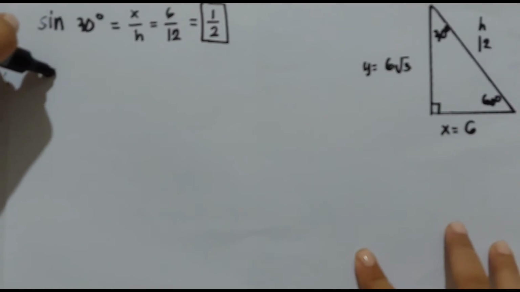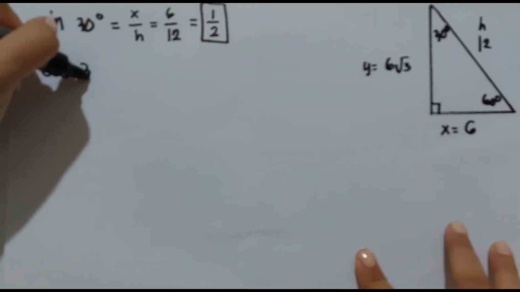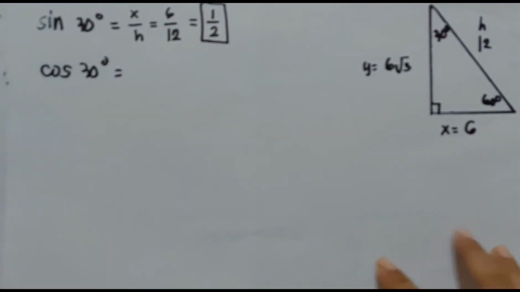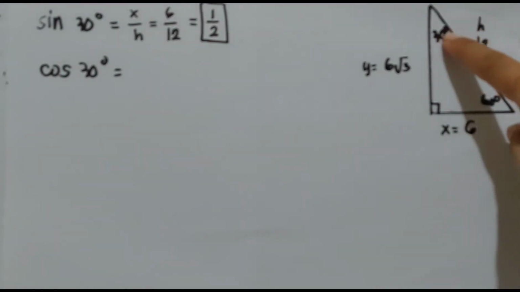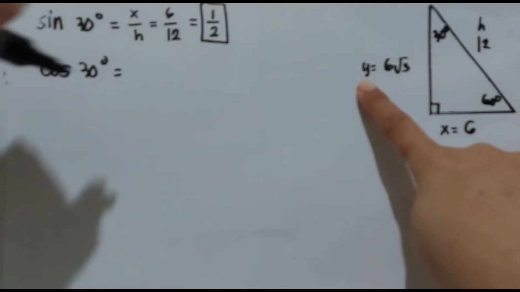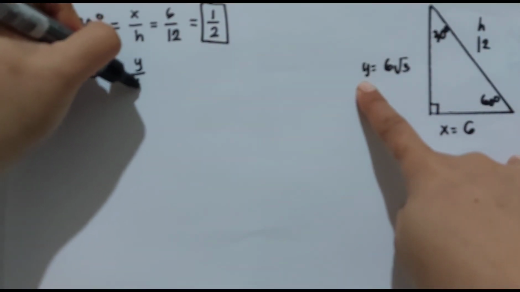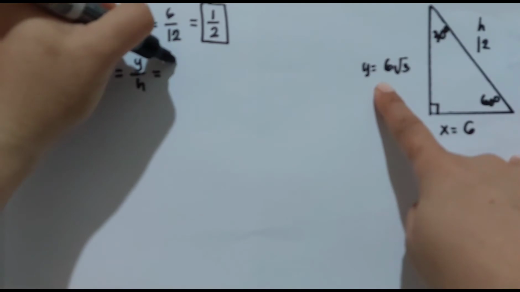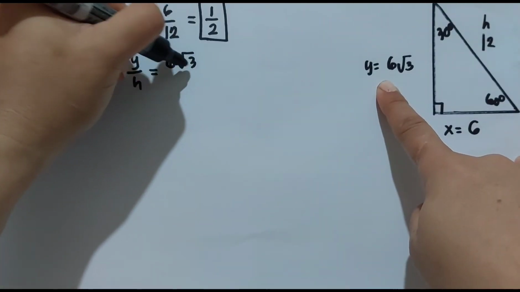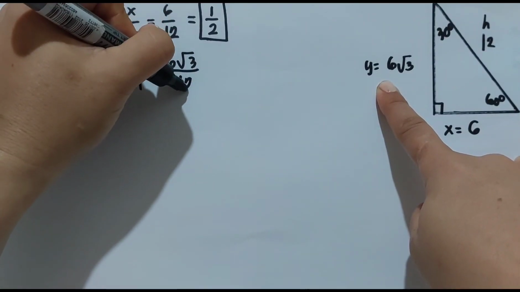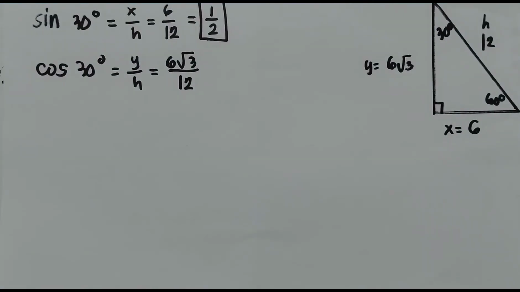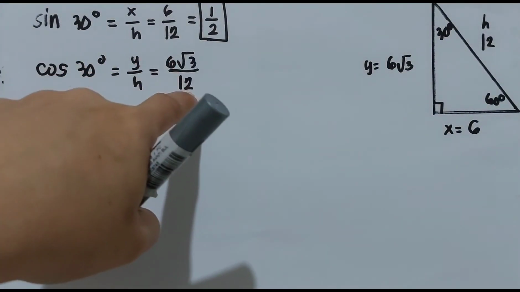Okay. Next, let's have cosine 30 degrees. What is cosine, right? Cosine means adjacent. This is 30 degrees, so adjacent. That is y over the hypotenuse. So, our y here is 6 square root of 3 over the hypotenuse, which is 12. Now, as you can see, you have here 6 and 12.